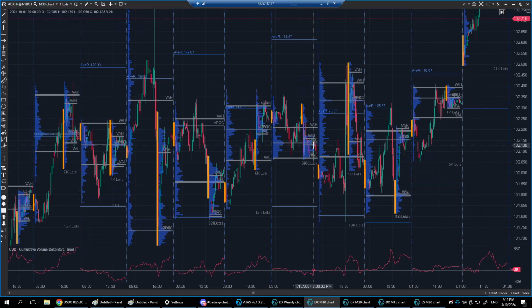So in general from this area, 102,130, there's lots of VPOCs together all the way up to 102,220, and even 102,335. So this will be for watching CPI, see what happens then.